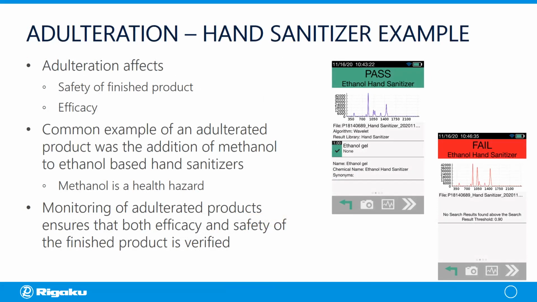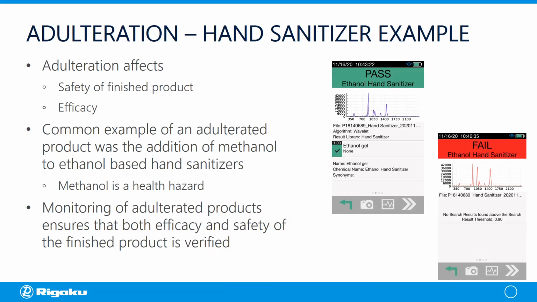Another example that's more recent: in this past year, there's been a general run on hand sanitizer, and there's been a lot of adulterated hand sanitizers that have been offered. These can obviously cause health hazards, and they also cause issues because they're adulterated, so they don't work as well as they should.